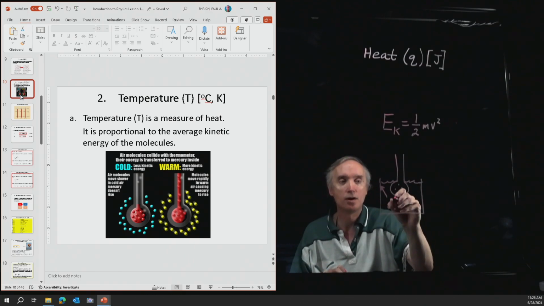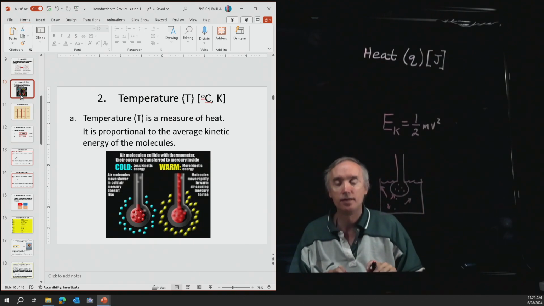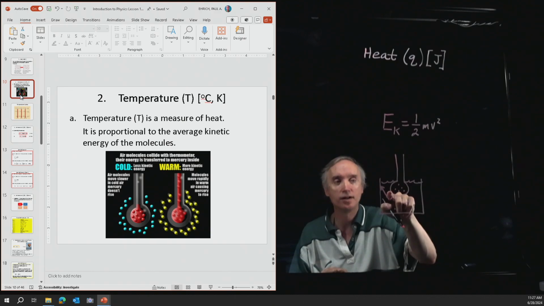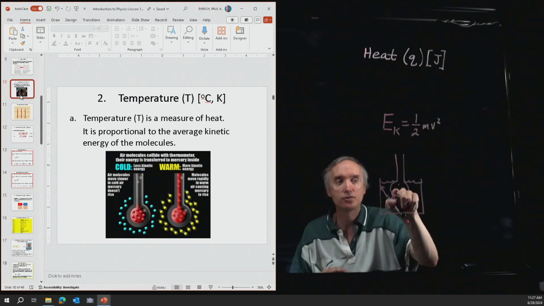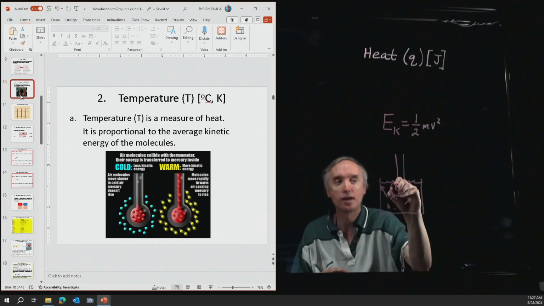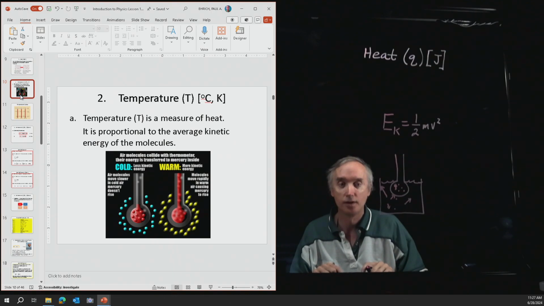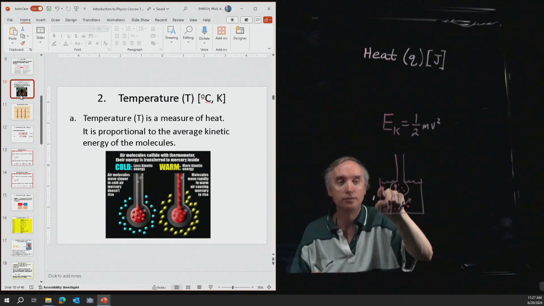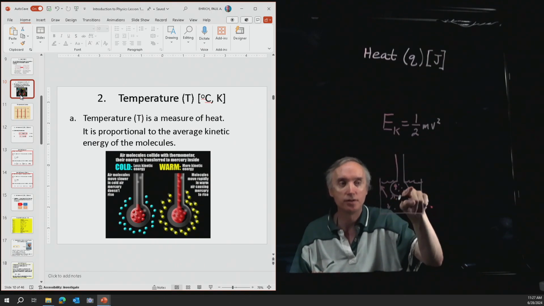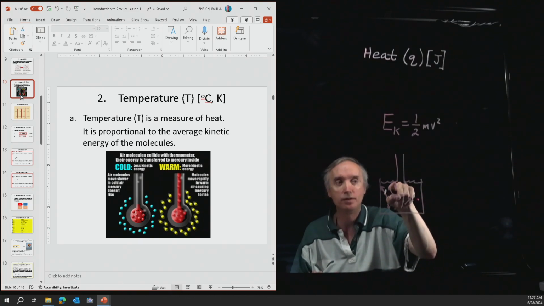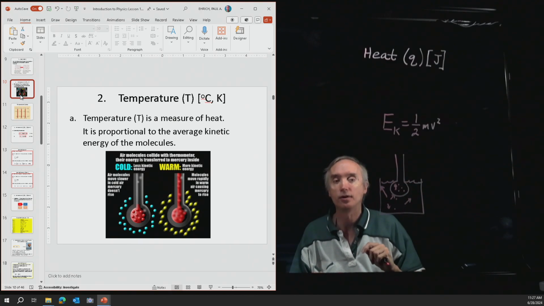As these molecules are moving around, they will bump into the glass, and then they're going to transfer their energy to the molecules of the alcohol. So then these will start to move with a certain average speed, until whatever the average speed of these molecules is, that will be the average speed of these molecules inside of here.